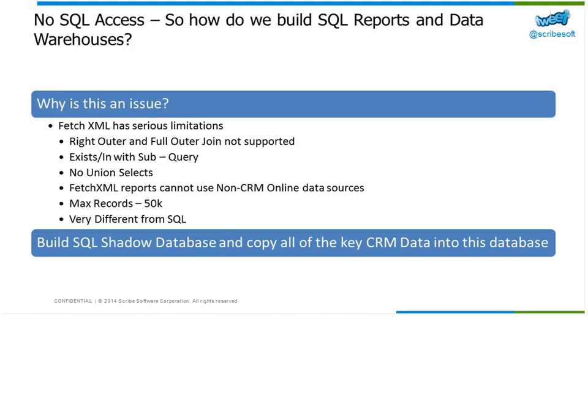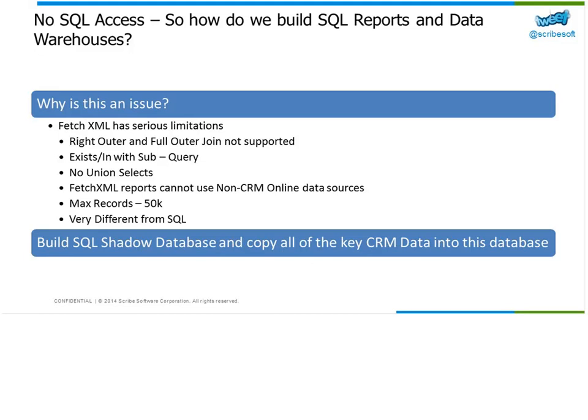And kind of answering that question in relation to Scribe's two products. If we're using Scribe Insight, the on-premises edition, the one that has been around for quite a while, in that scenario, we manually have to upkeep and make the changes in our local data warehouse. So if the schema in CRM Online changes and we want to replicate these additional tables or fields, we have to manually modify the on-premises database.